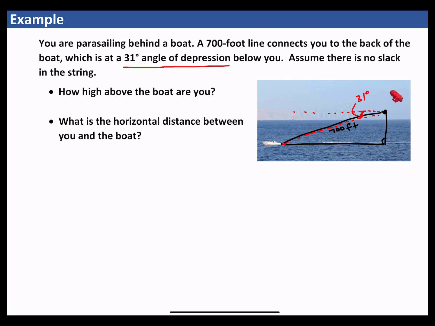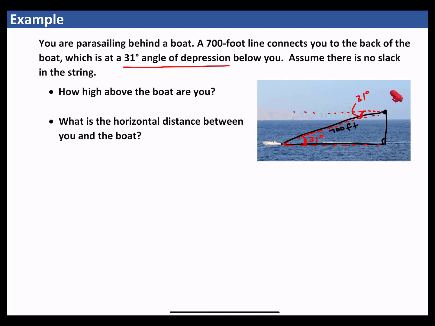And if you remember from geometry, when we have parallel lines, which these two horizontal lines are, then these alternating angles are equal. So we can conclude that the angle here that I labeled is also 31 degrees.